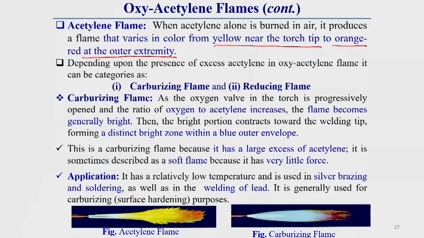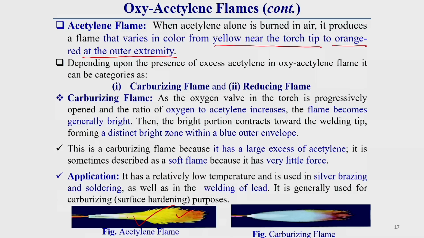Here you can see at the bottom of this slide the actual acetylene flame, where the orange red flame is at the extremity, and near the torch tip the color is yellowish.